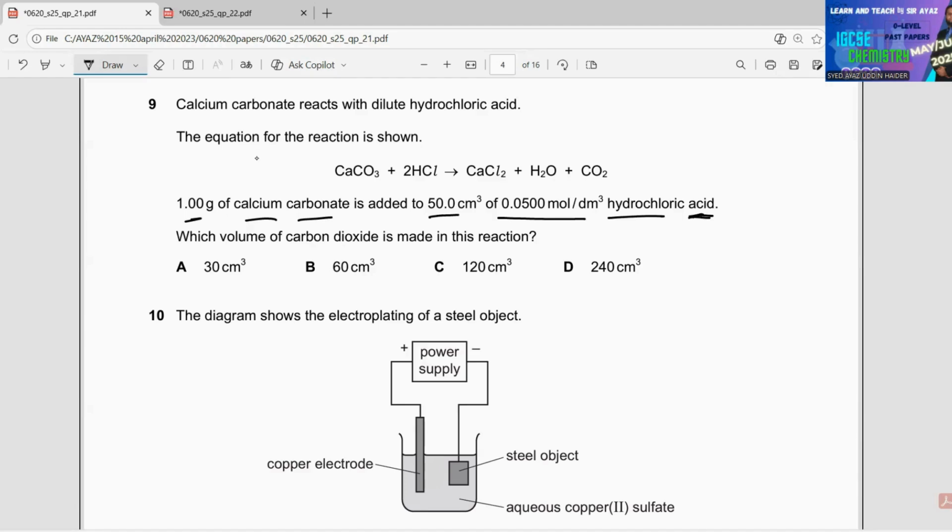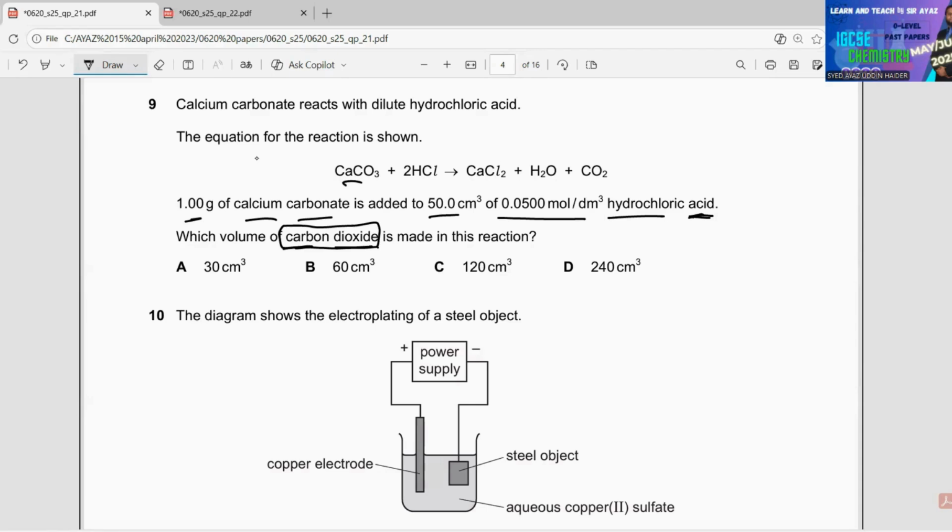Why is it very important? Because in this way, we'll be able to find which one is the limiting reactant. Once we know the limiting reactant, then we will be able to find the moles of the product. And in this case, they are asking about the carbon dioxide. And once you have the moles of carbon dioxide, you can easily calculate the volume of carbon dioxide at RTP. Okay, fine. So calcium carbonate, CaCO3.